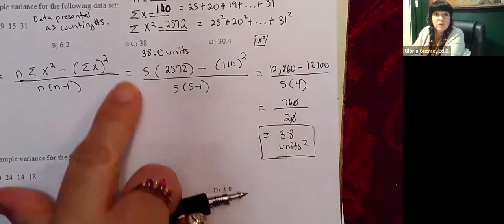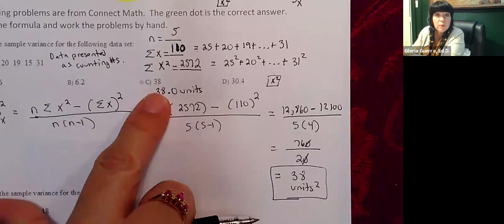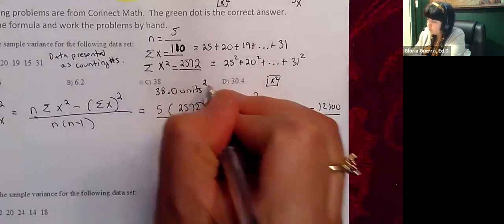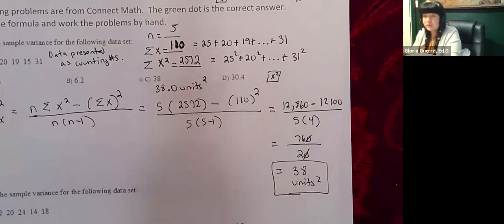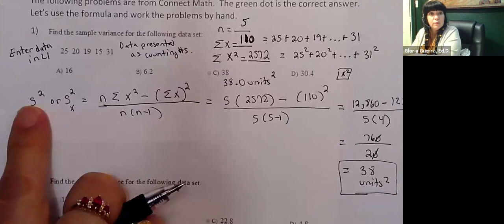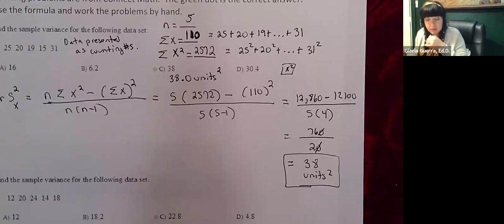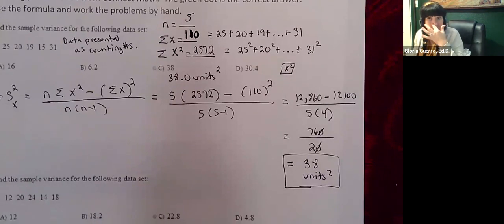Okay, this is 38. Oh, right here, I should have put units squared, sorry. Units squared for variance.